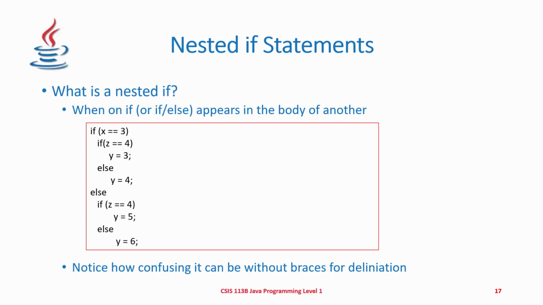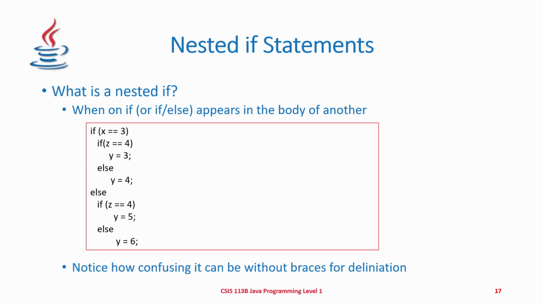Now if x did not compare to 3, then we jump down to the else, and then there's a nested if in that else, again checking to see if z compares to 4. If so, assigning 5 to the variable y at that point. And then if it does not, if it's false, assigning the value of 6 to y.